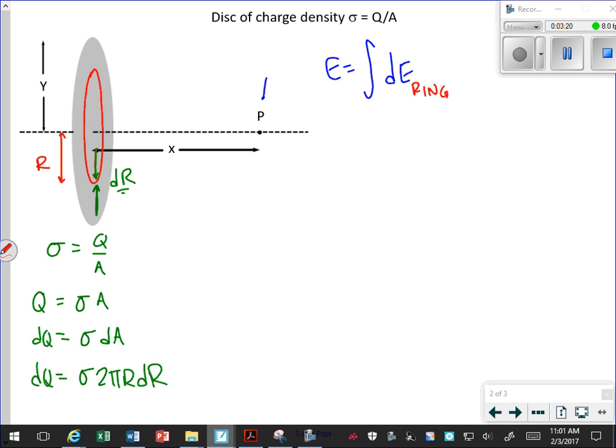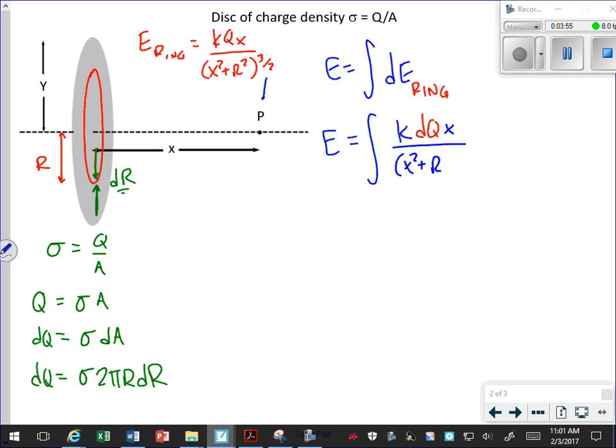Let's do a refresher: E of a ring is k q x over x squared plus r squared to the 3/2. So our dE ring is just k dq x over x squared plus r squared to the 3/2.